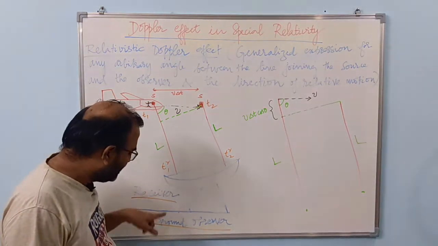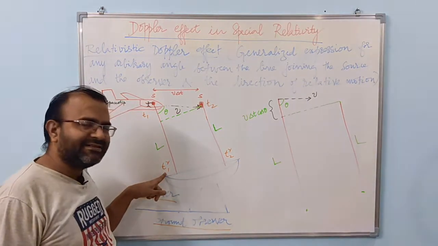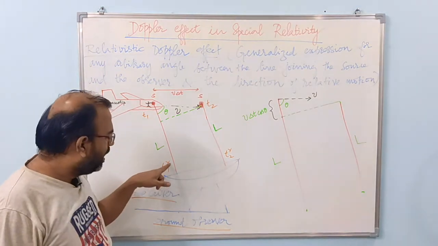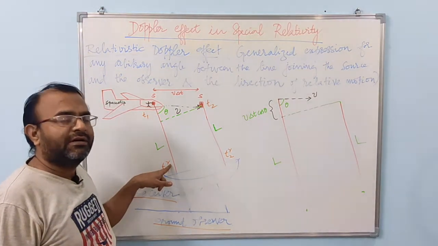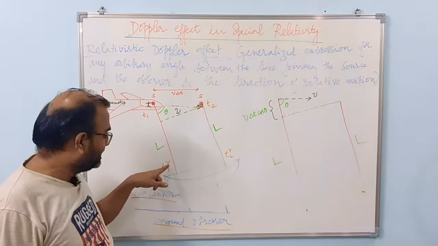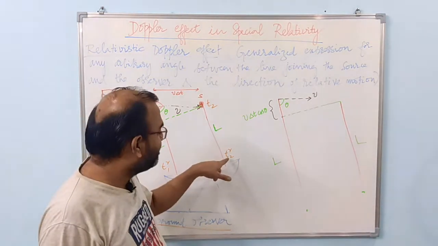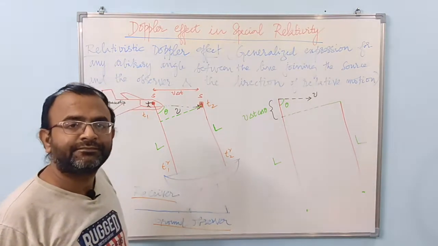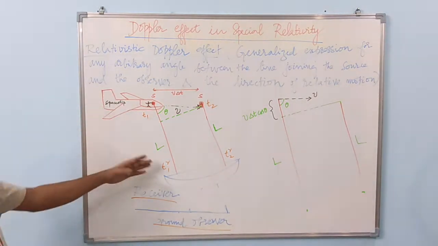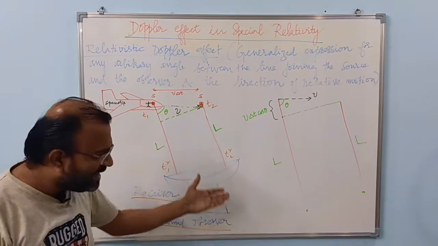The time at which the ground observer receives the first signal is t1 superscript r, for received, t1r, and for the second signal the time is t2r, right?